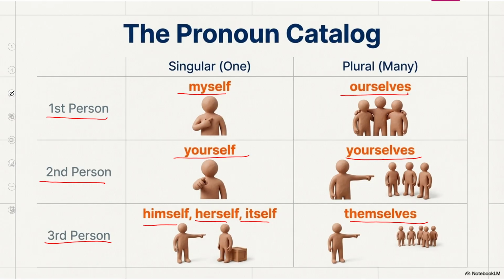Themselves. These are the intensive pronouns of the third person. These are singular and these are plural, meaning more than one. When we show subjects that are more than one, we have to use this column. And if our subject is singular, we have to use this column. So this is the table of the intensive pronoun.